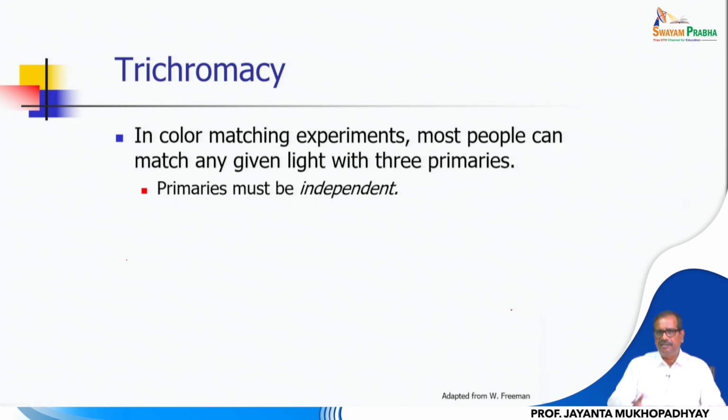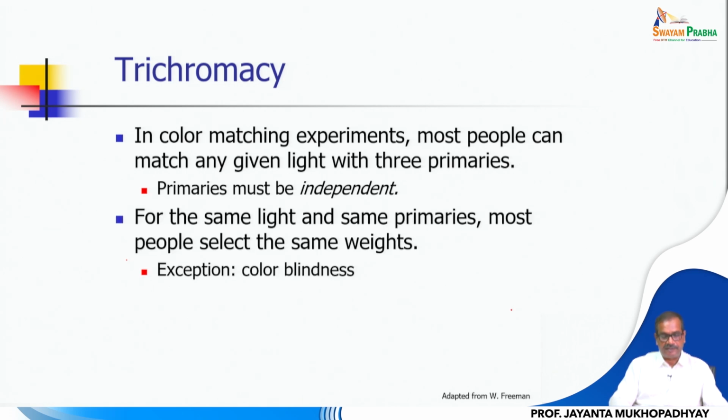So in that set, we can say independent. Similarly for primaries, if you take any two, their linear combination, whether additive or subtractive, will not produce the other color. So it must be independent. That is the property of primaries.